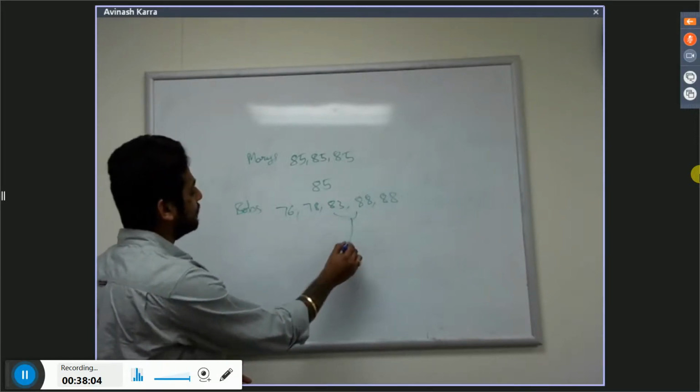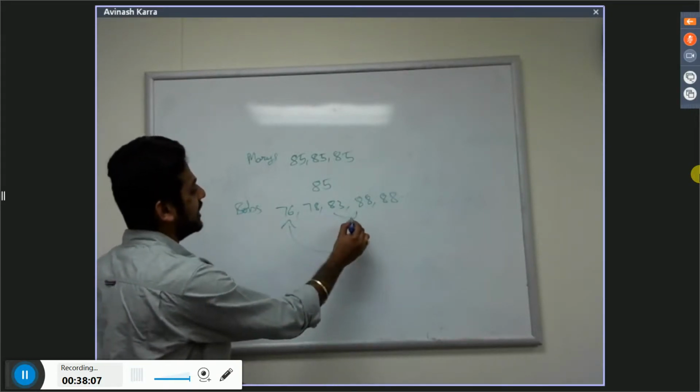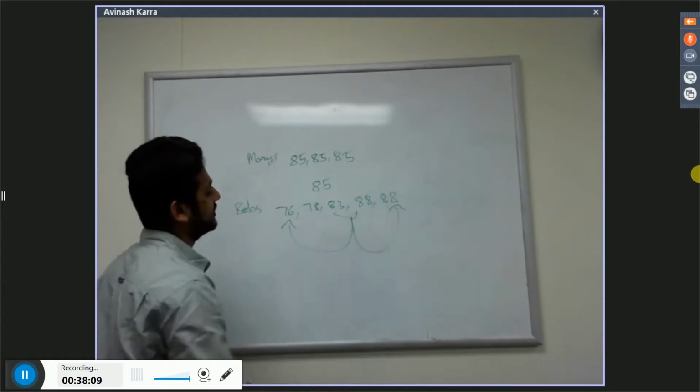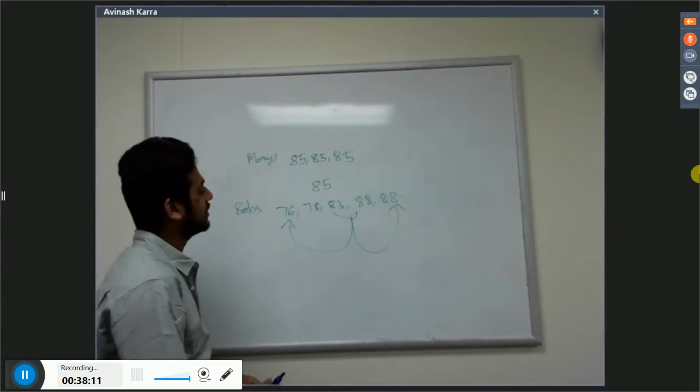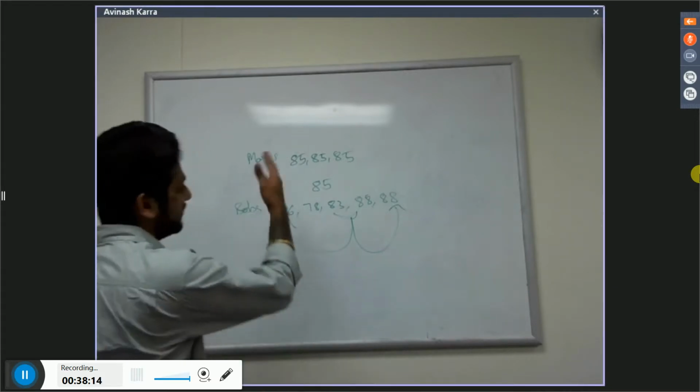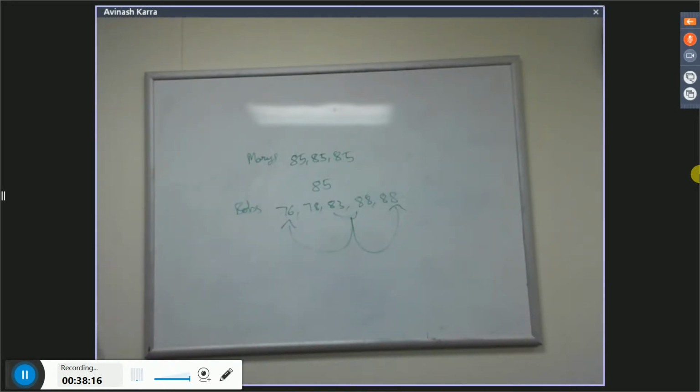So this value will be greater than 76 and less than 88, as I said in the previous point.